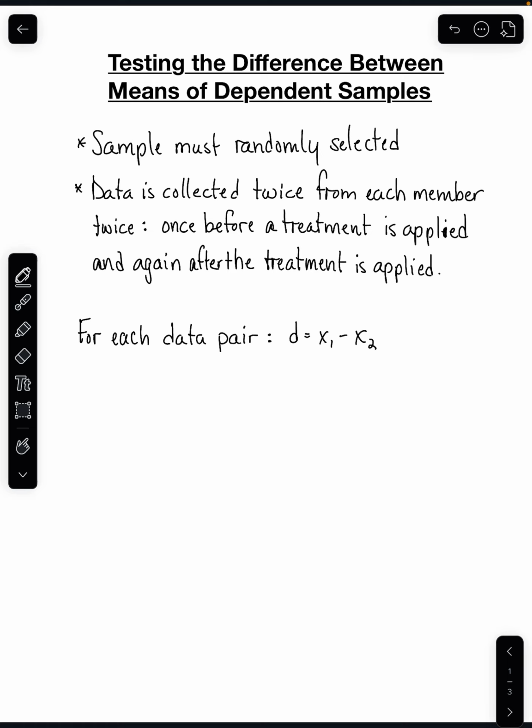The idea then is that in order to determine whether there is an actual difference, whether the application of this treatment has produced a noticeable effect, we need to do this difference for each data value, and then we need the mean of the differences.